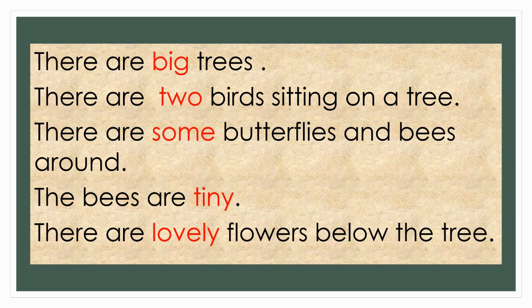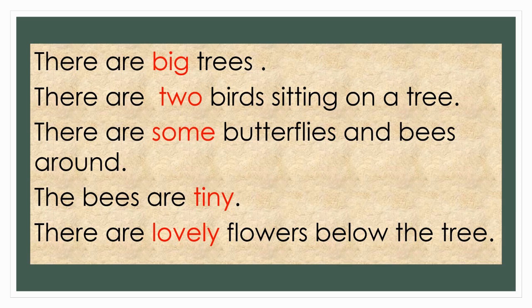In the first sentence, the word big is an adjective as it is describing the noun trees. In the second sentence, the word 2 is an adjective as it is telling us more about the noun birds. And in the third sentence, the word some is an adjective as it is telling us more about butterflies and bees, which are nouns.